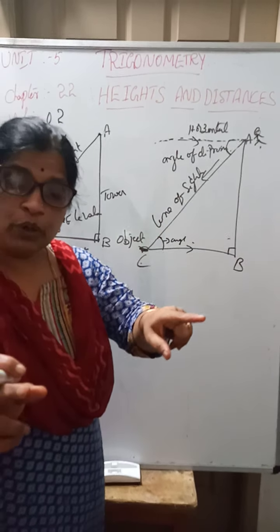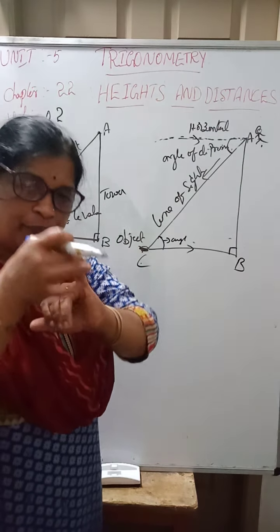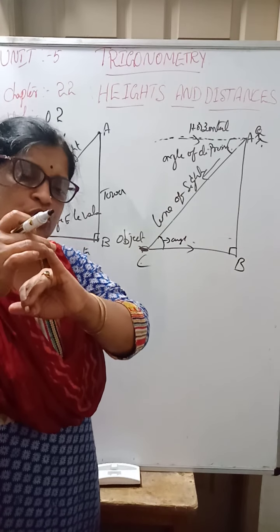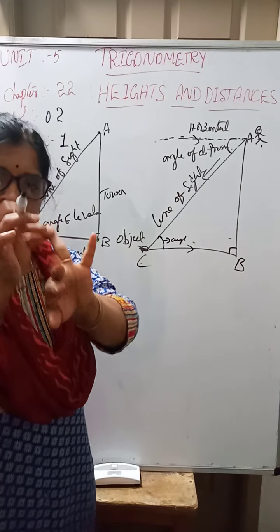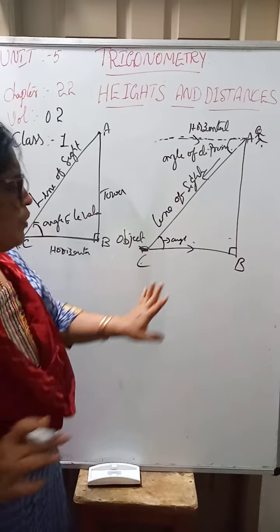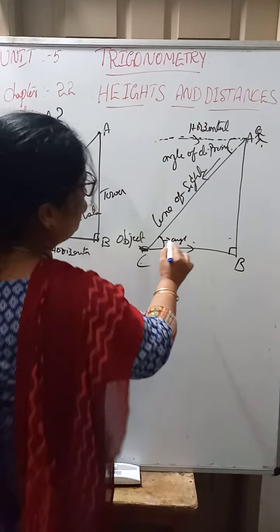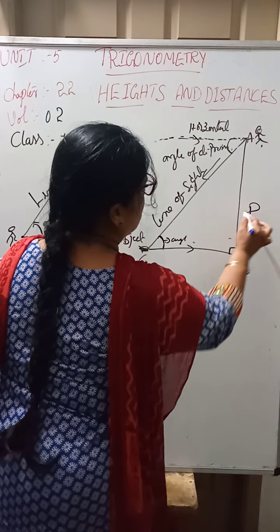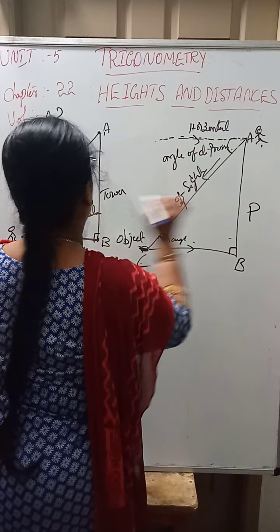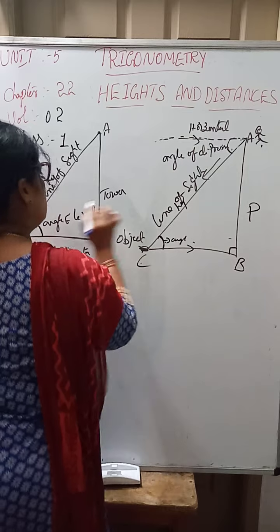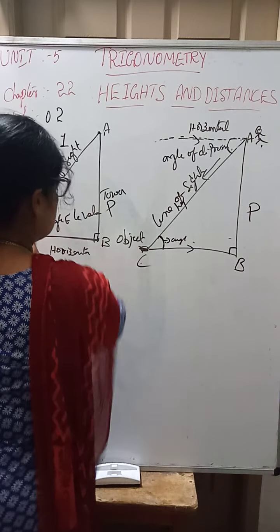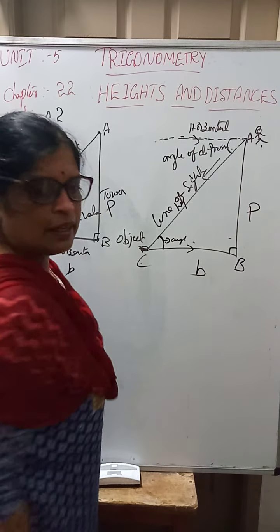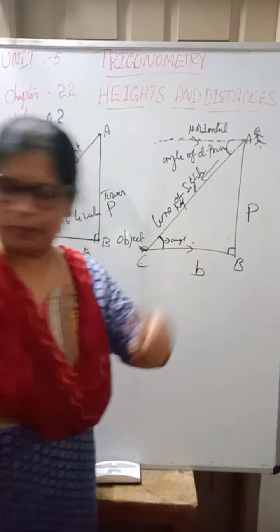In your clock book, you always have the trigonometrical values of sin, cos and tan. For the reference angle, the opposite side is the perpendicular, and this is always the hypotenuse. Here also this is perpendicular and this is base. Now let us start the problem.